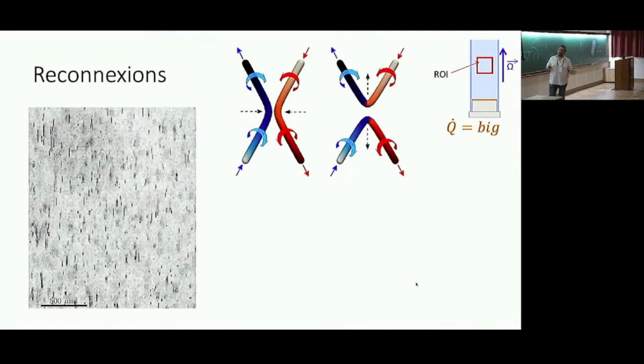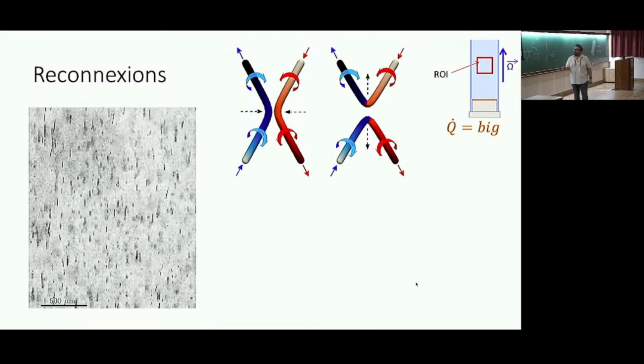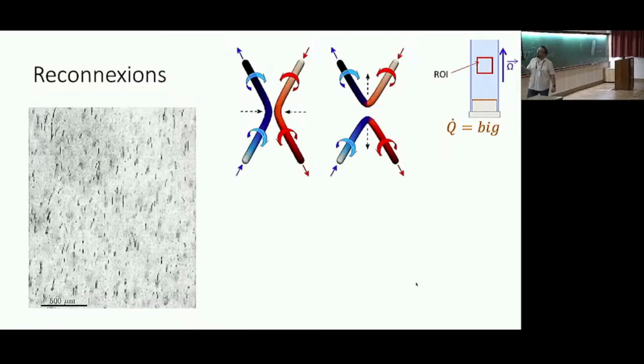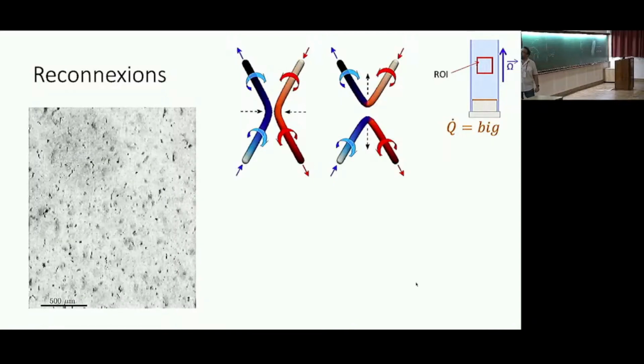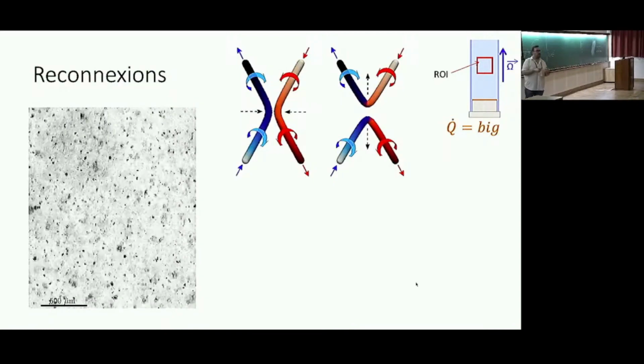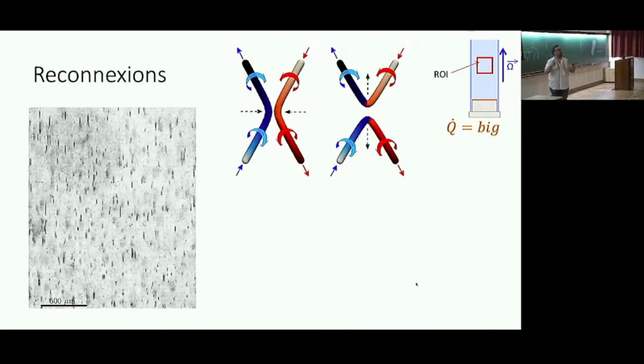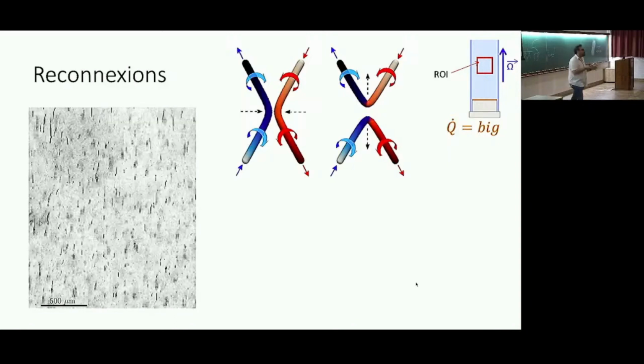Okay, this was all for the waves, but we are very excited about that. And now we can go to a different regime, which is if you put heat, but you put a lot of heat, okay? And there, what happens, this is a different camera, this is a high-speed camera. You see that we are able to destroy the lattice entirely and trigger tons of reconnections, or at least strong interaction between the vortices.